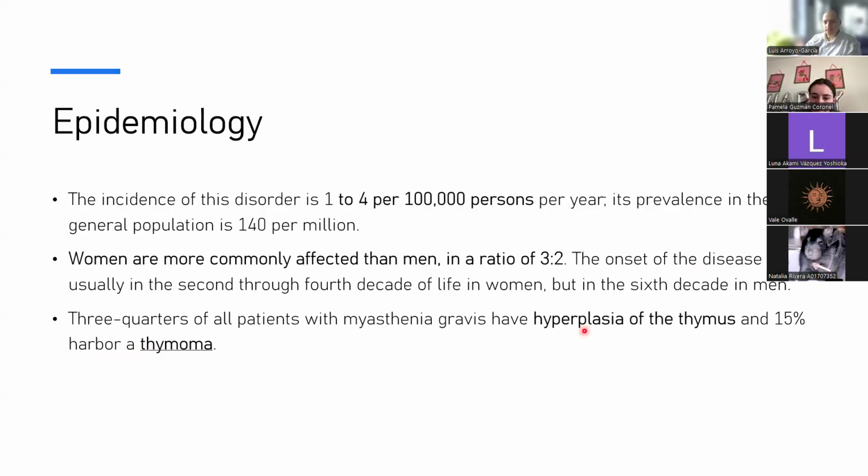What is that? What is the thymus? Where is it? What does it produce? Well, that's where the T lymphocytes mature, right? Yep. So this is where the T cells are produced.